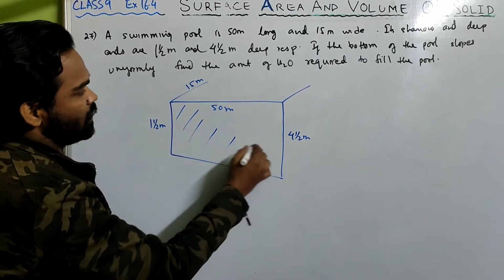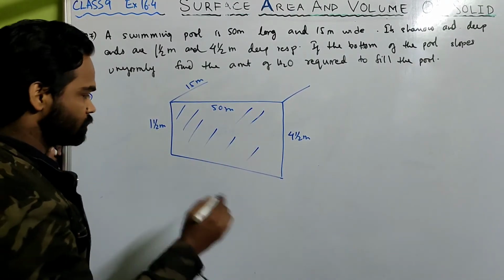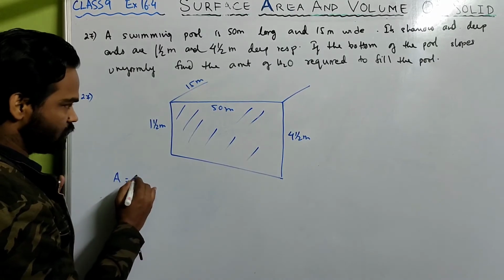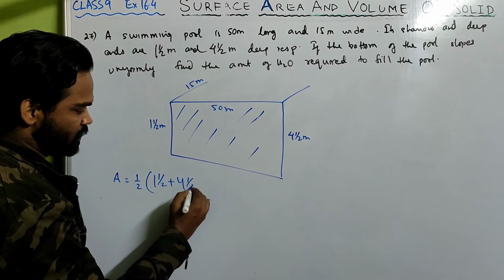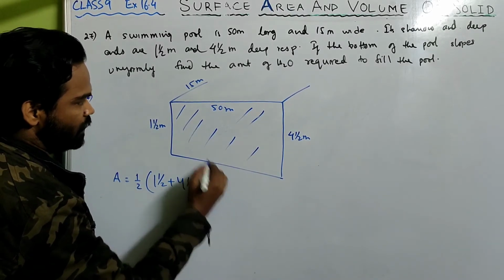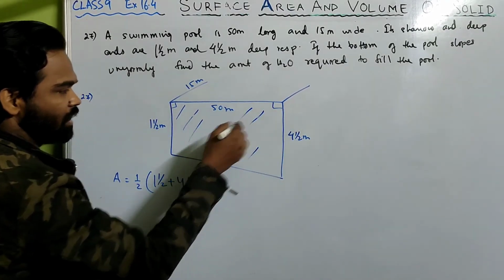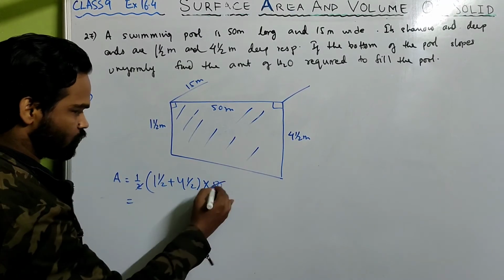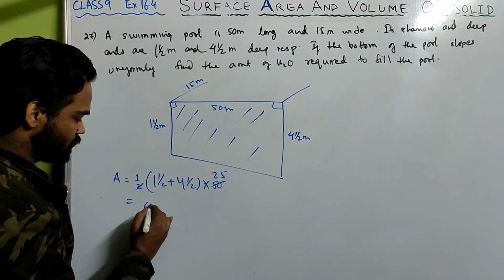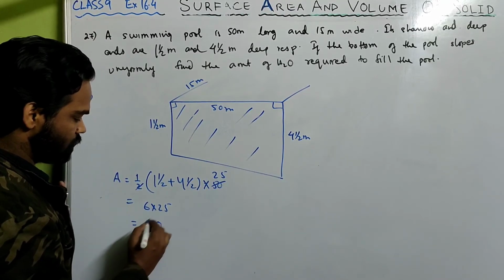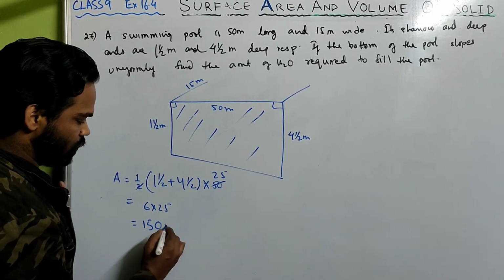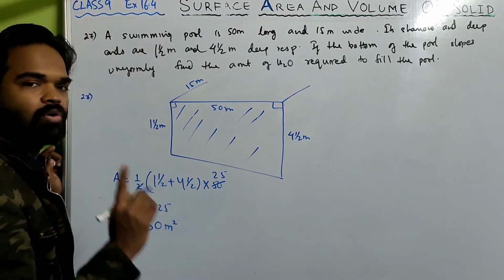We'll first find the area of cross section. Area of cross section is again half into sum of parallel sides, we just did it, into perpendicular distance between them. You can see the diagram. So that's 6 into 25. That's 6 5 is 30, 150 meters square. That's the area of cross section.